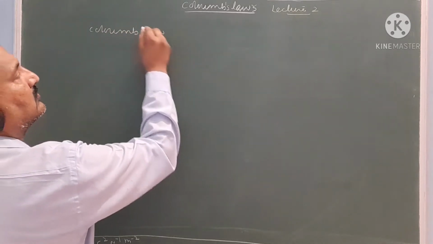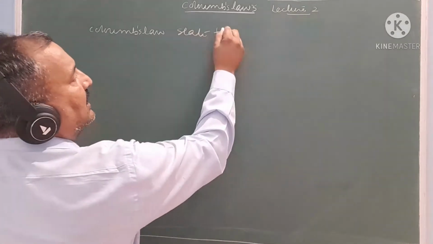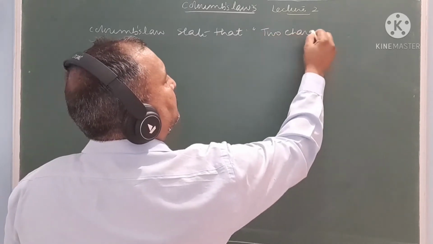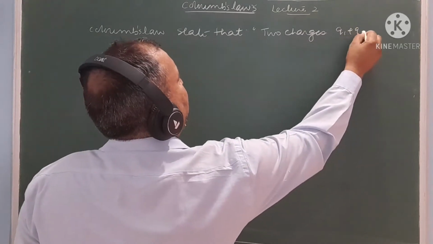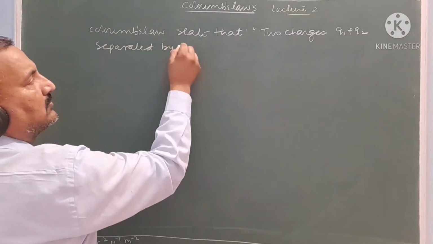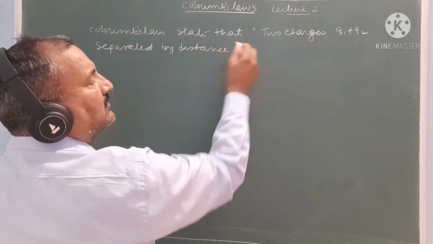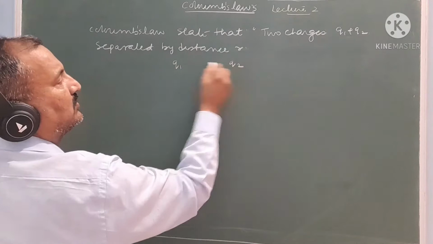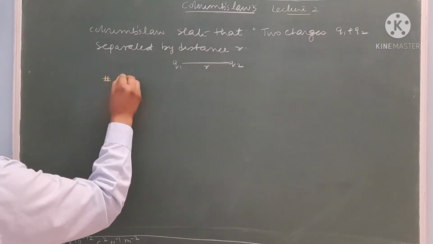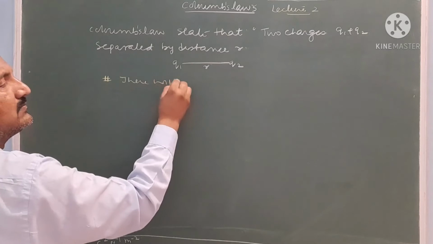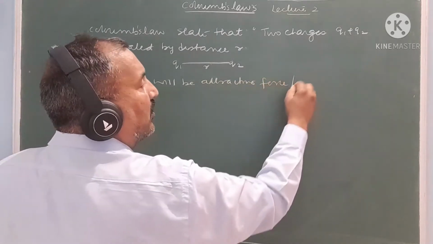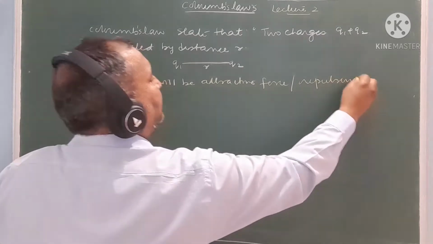Coulomb's law states that two charges Q1 and Q2 separated by distance R, then there will be an attractive force or repulsive force.